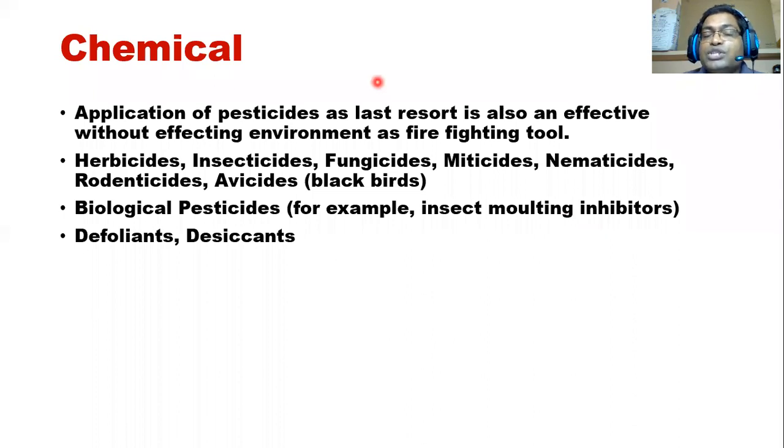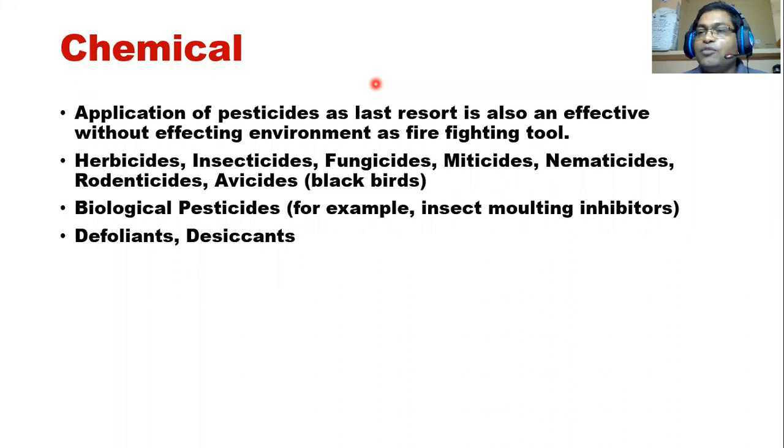Right? So this is the way we use all the integrated management tactics together in a compatible manner, as far as possible, to minimize pest incidence and keep the pest population below the harmful level, below the economic damage level.